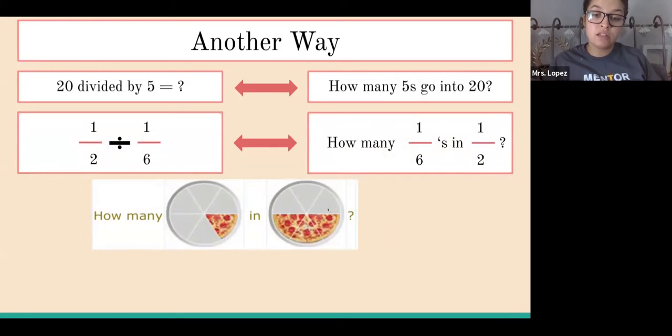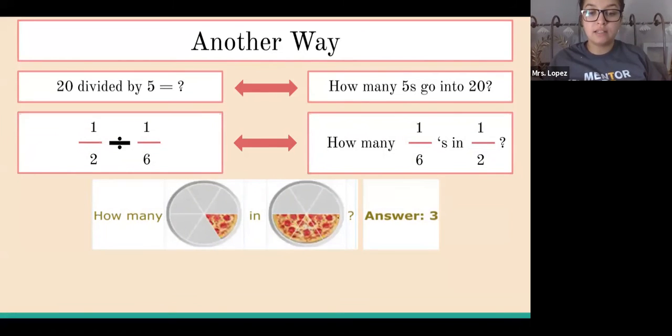You'll notice they're still cut the same way, into 6. Now we just want to know how many of these 1/6 slices fit into this half of a pizza. You can count them, or you could do the division and multiplying of the fractions like we've done on the previous page. So your answer should be 3, because there are 1, 2, 3 slices in this half a pizza when it's split into 6 even slices.